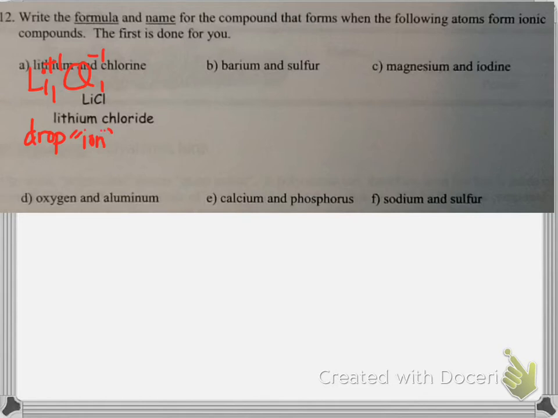So if we look at letter B, we have barium and sulfur. Barium is in group 2A, so it has 2 valence electrons, so it's going to lose those 2. Sulfur is in group 6A, so it's going to gain 2 electrons.